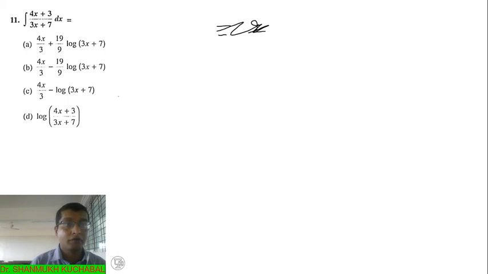Integration of 4x plus 3 divided by 3x plus 7 into dx equal to.